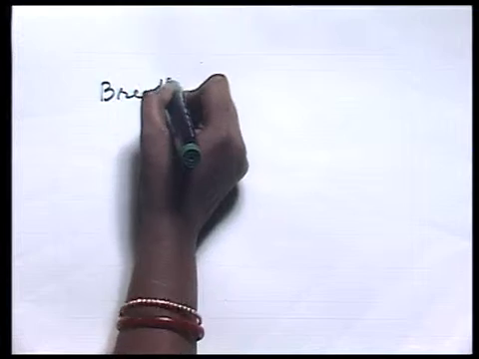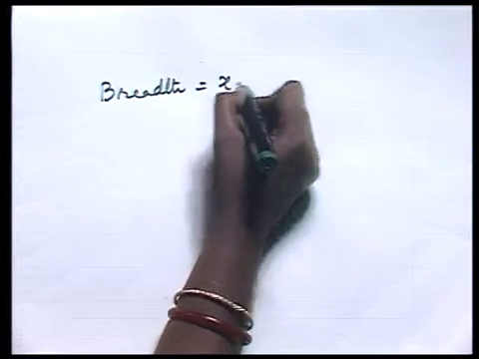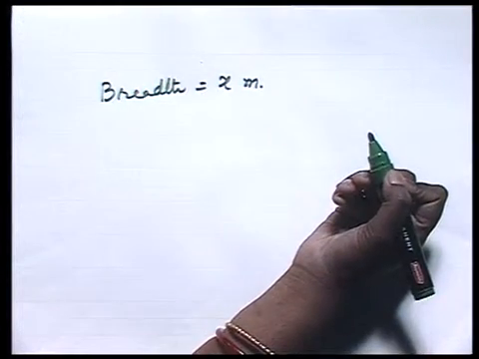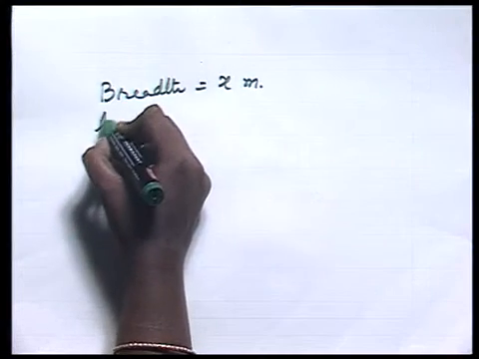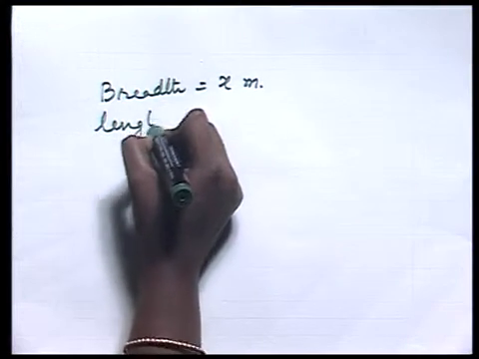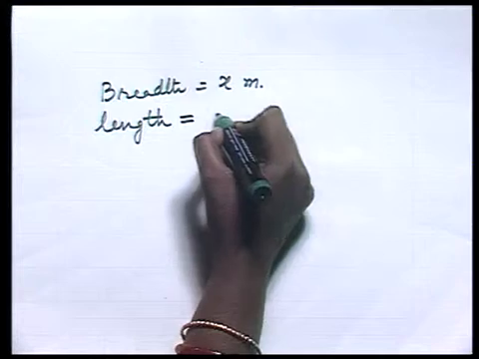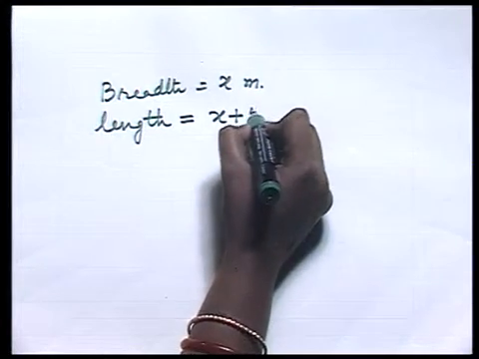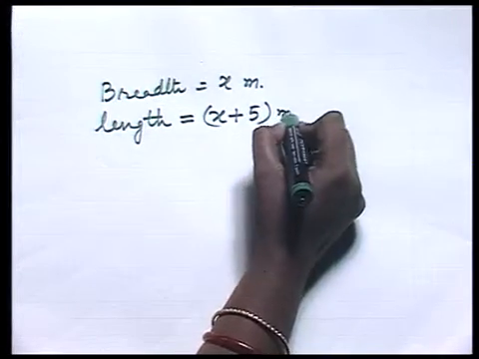In this question we are given that the length of the hall is 5 meters more than the breadth. Now, let us suppose that the breadth of the hall is x meters. Then according to this condition given, we should have length of the hall is equal to x plus 5 meters.